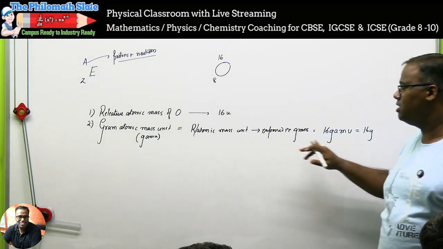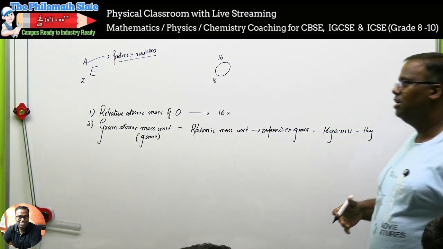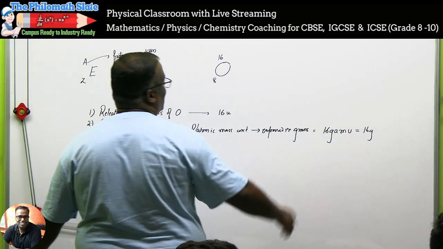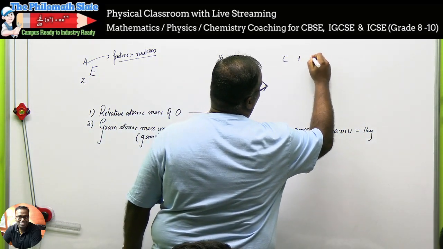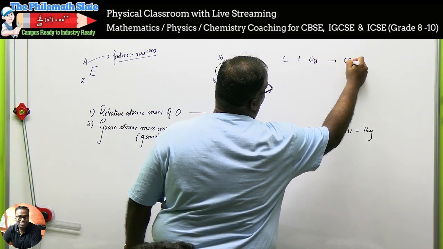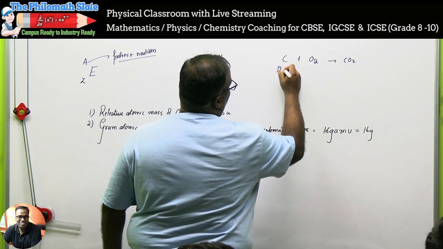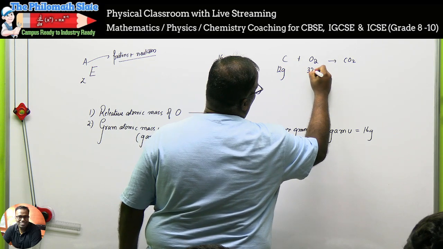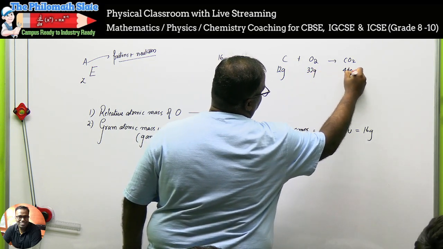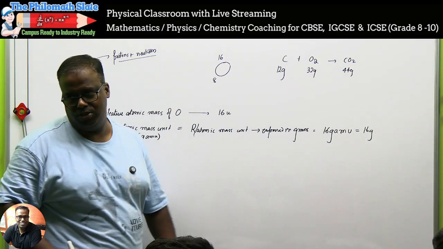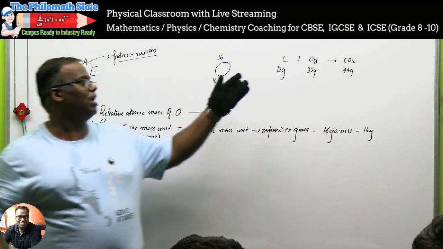Relative atomic mass expressed. So in labs, suppose we have a reaction like C plus O2 gives you CO2. How do we write it? We straight away write 12 grams reacts with 32 grams gives you 44 grams. These are all gram atomic mass units. How do you know it is 12 grams?